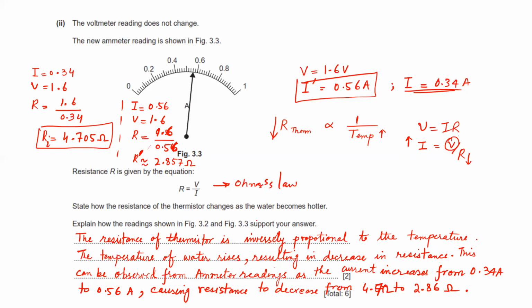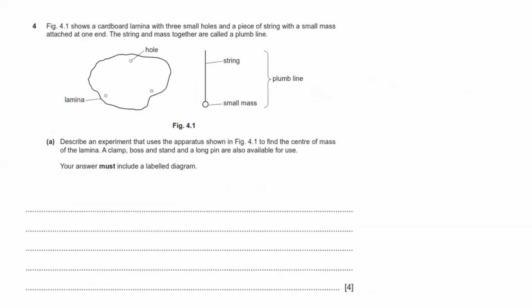But what exactly they are trying to find out is, if you do not remember what exactly a thermistor is, how you will be able to see what is happening using the available information, and that is how you can satisfy the examiner. Okay, so next part, question number 4.